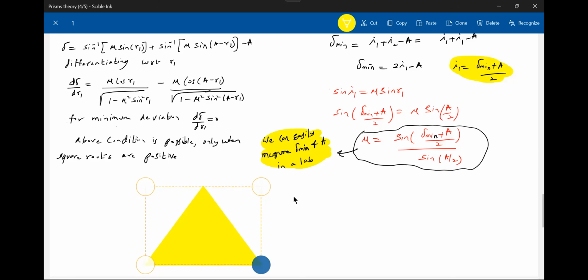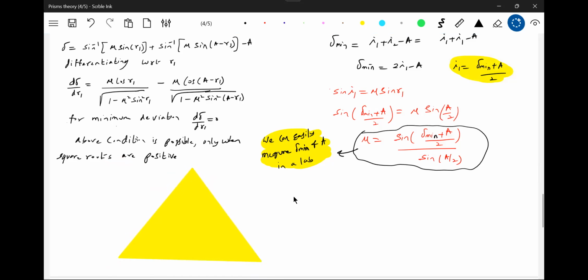If this is the prism and this is the incident ray, the ray wanted to traverse straight here. This is the minimum deviation.